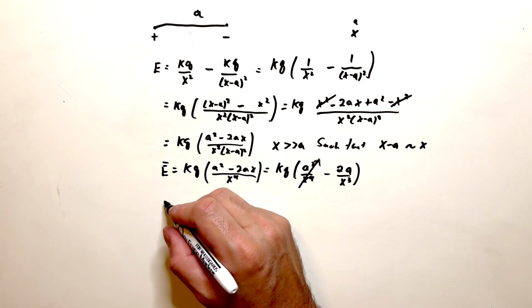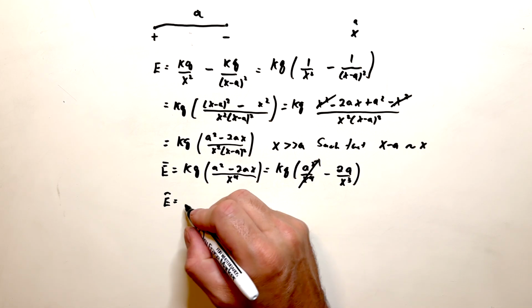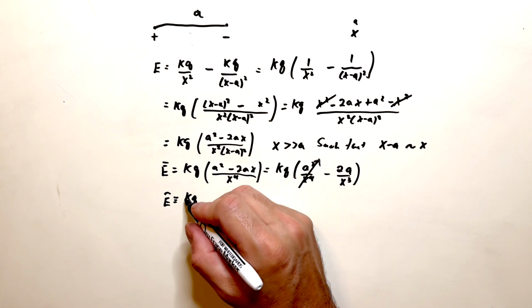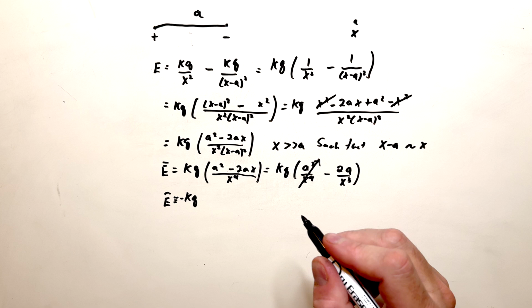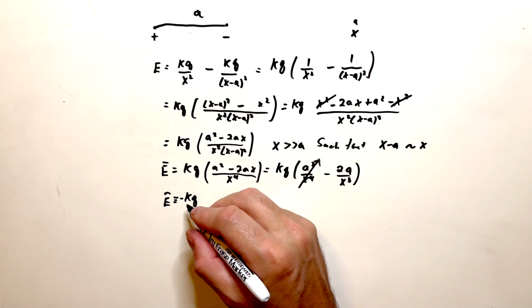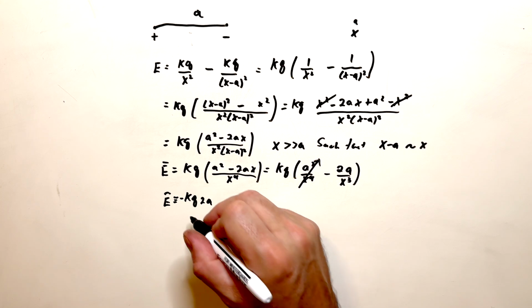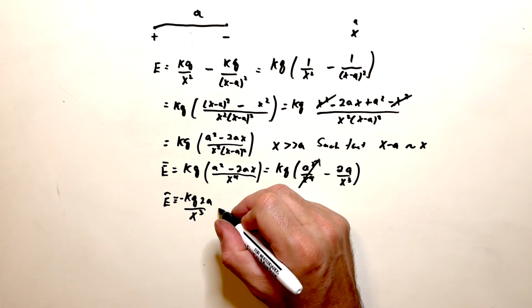So this one is going to go away, and the electric field is approximately going to be given by kq, and then a negative sign, and 2a over x cubed.